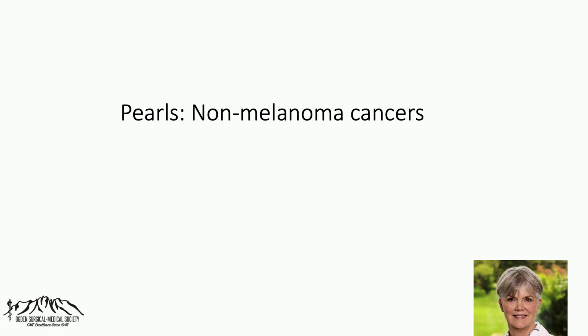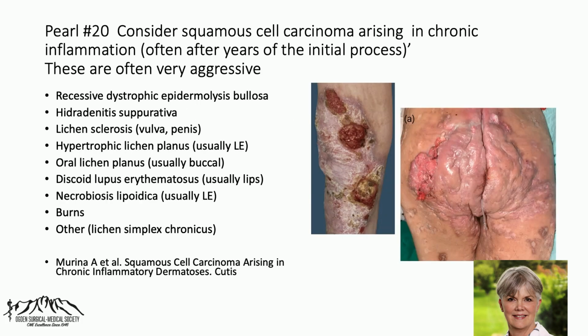Okay, now we're going to talk about non-melanoma skin cancers. So non-melanoma skin cancers, we all think about squamous cell carcinomas coming from the sun, but a lot of my tips have to do with a patient that has a skin disease or is immunosuppressed. So one of the things we want you to recognize is that squamous cell carcinoma can also arise in skin that has been chronically irritated over and over and over again.